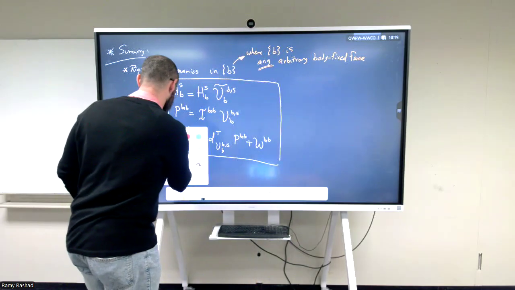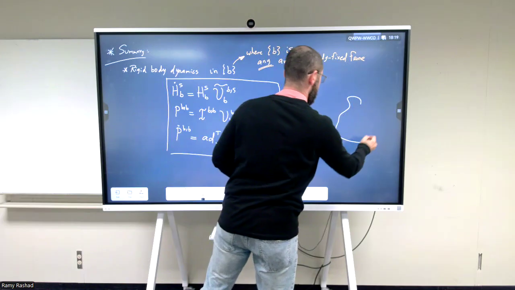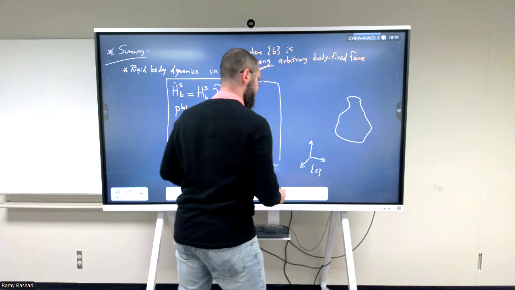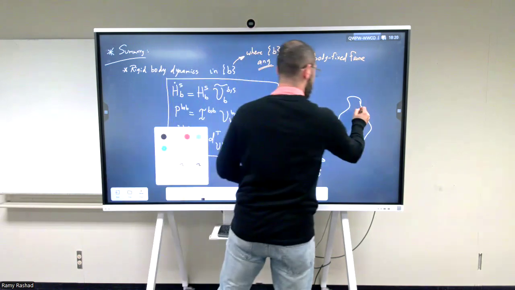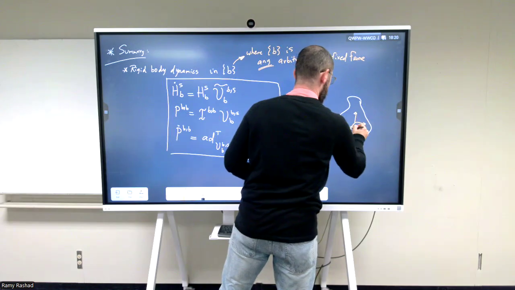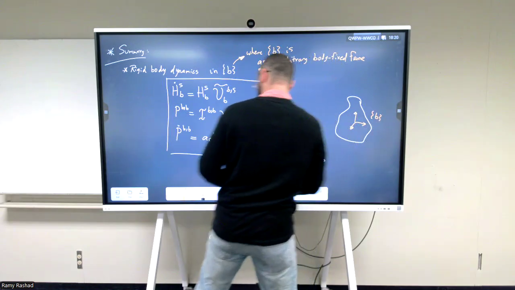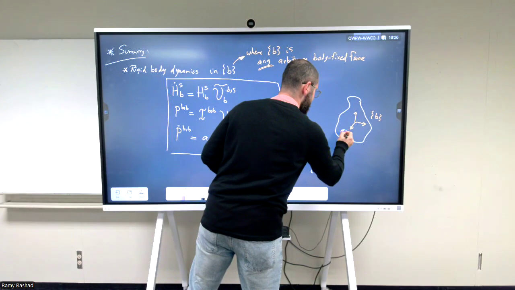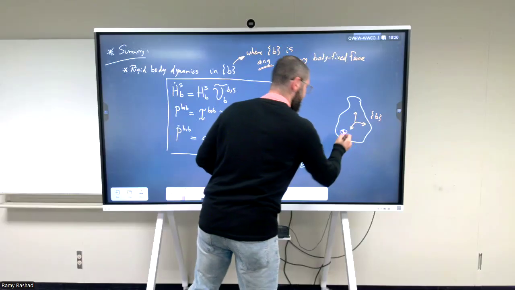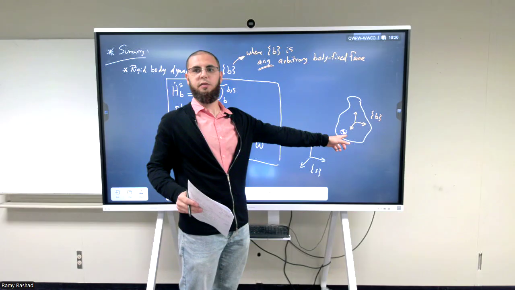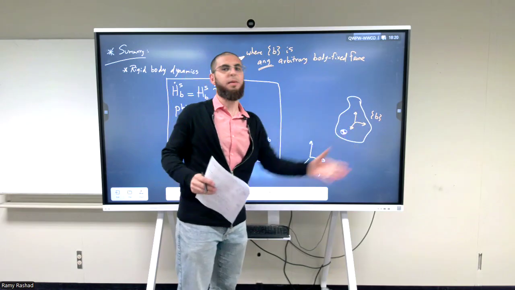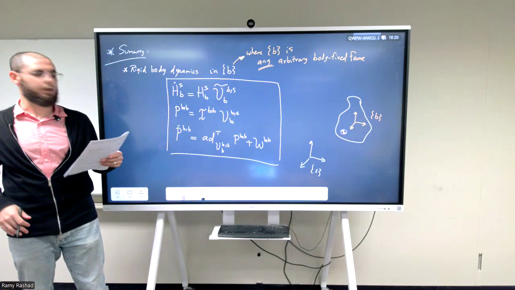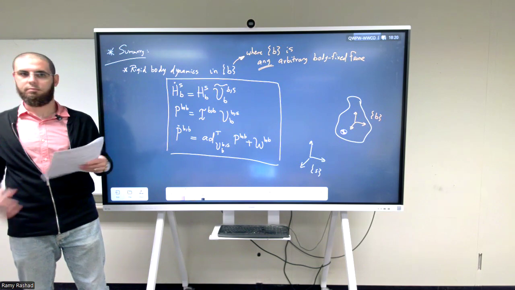If this is your rigid body of interest, and this is the inertial frame, the spatial frame, and this is the body frame we're talking about, it can be anywhere, whether at the center of mass or not. Usually this is the symbol that you use for indicating the point corresponding to the center of mass. So this is the center of mass, and the frame can be in any place, with any orientation. And these equations will always hold. Make sense? Okay.